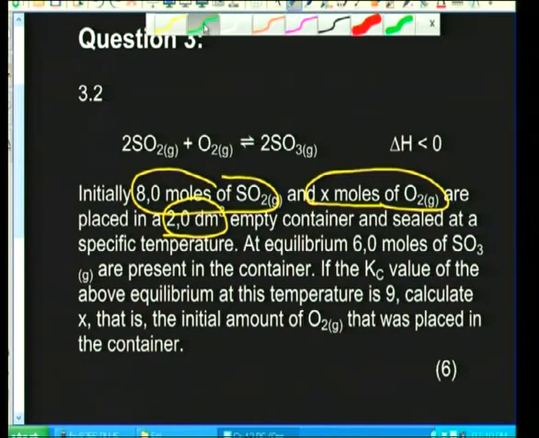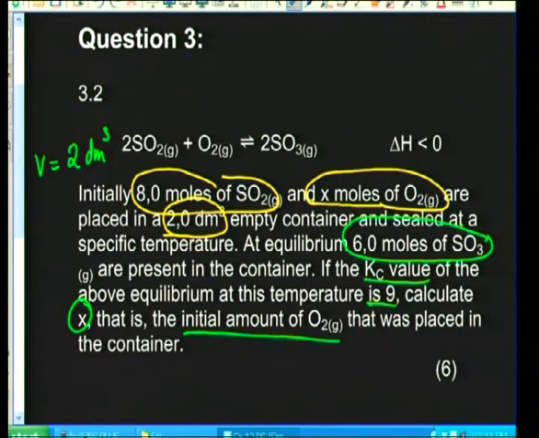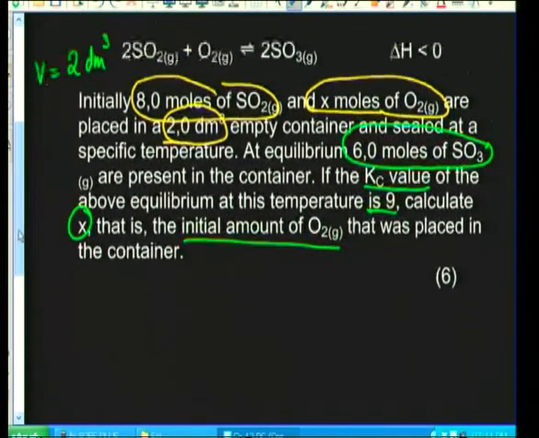Once again, I want you to note the volume of this container is 2 cubic decimeters, very important. At equilibrium, 6 moles of sulfur trioxide are present in the container. If the Kc value of the above equilibrium is 9, calculate what X was, as in the initial amount of oxygen that was placed in the container.